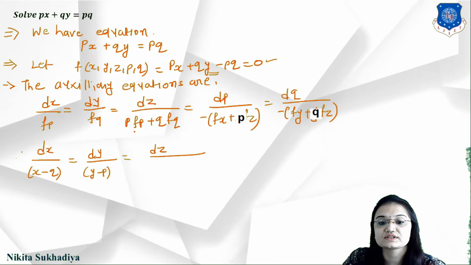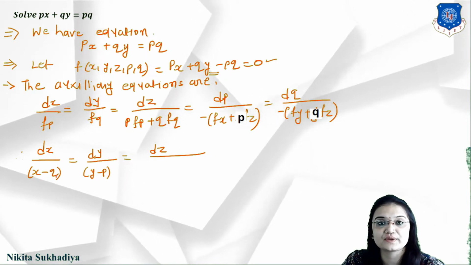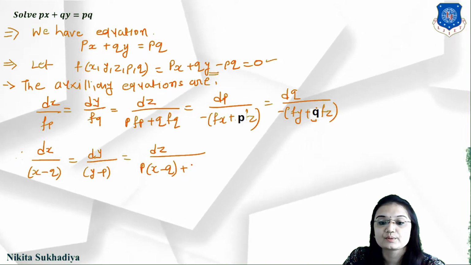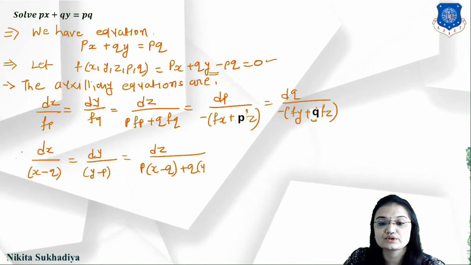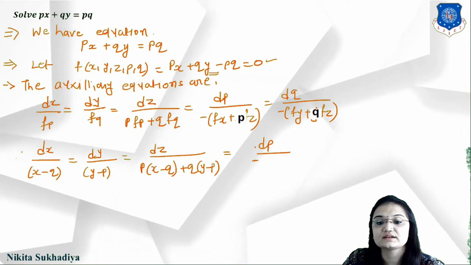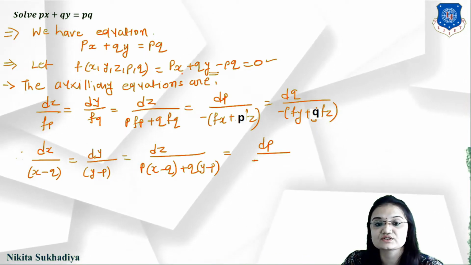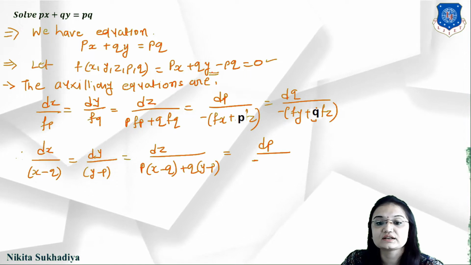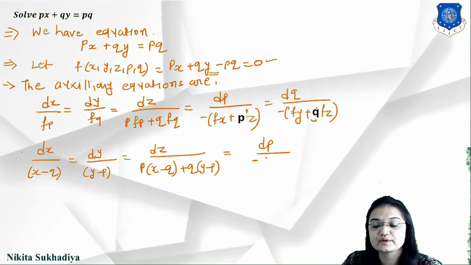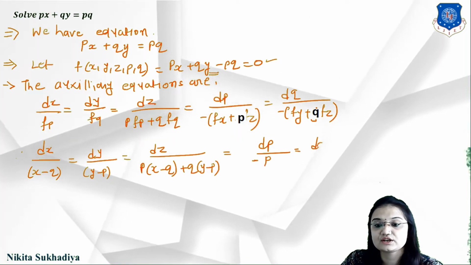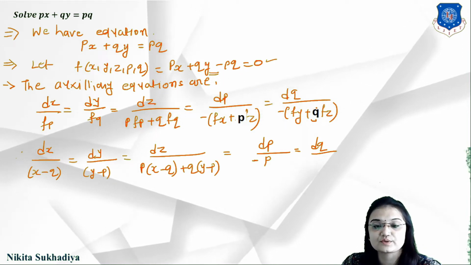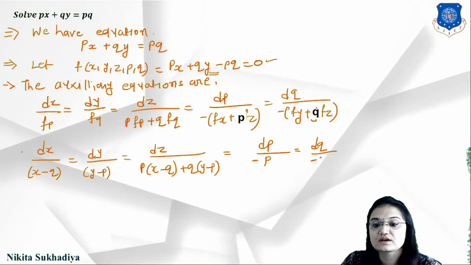Then dz upon p f_p + q f_q, so p(x - q) + q(y - p), equals dp upon minus the derivative with respect to x, which becomes p only, and there is no term of z, so f_z is 0. So this becomes only -p, and dq upon, here also f_z is 0 and f_y, the derivative with respect to y, becomes -q.